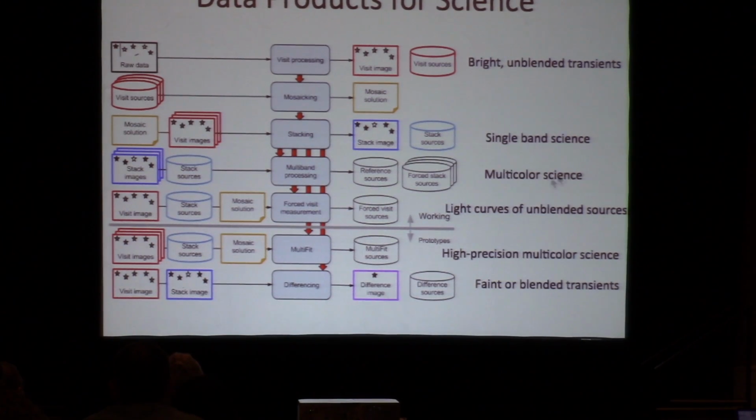Stacking, if you're interested in single band science, wallpaper science. Forced visit measurement is good for light curves of unblended sources. We don't yet have multi-fit. There are prototypes available for that, but we're not running it at the moment.